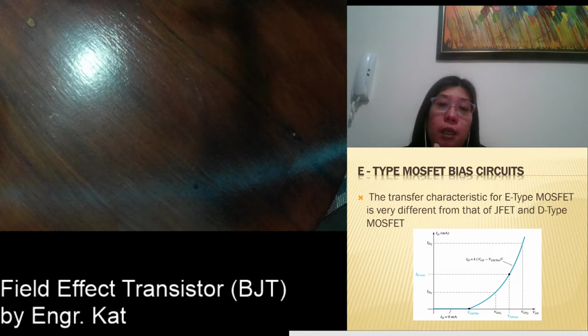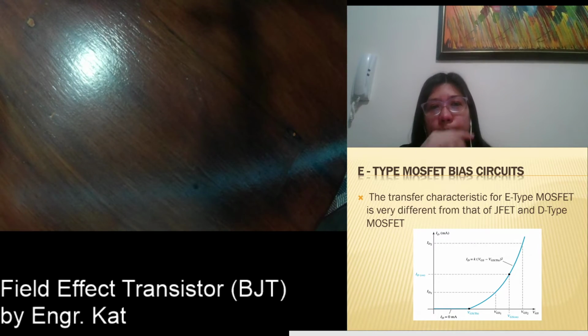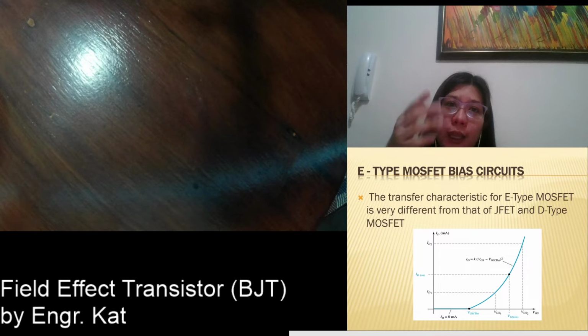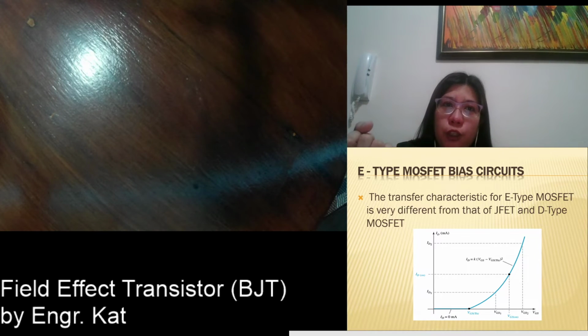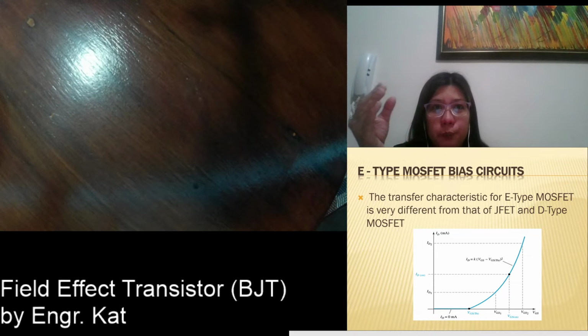For E-MOSFET, the graph is at the right side. Why? Because we will be needing a positive VGS. So it is said to be enhancement type, enhancement only. So depletion or reverse biasing your VGS won't let your E-type MOSFET function. For your E-type MOSFET to function properly, it should be in the enhancement or the forward bias mode.